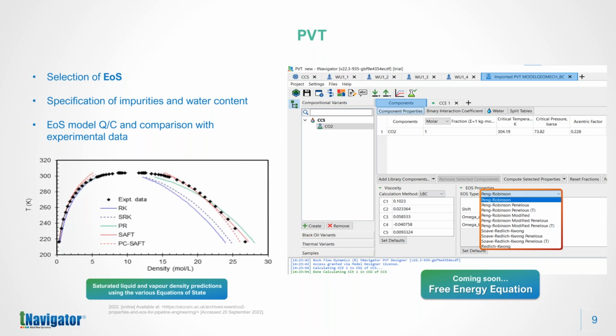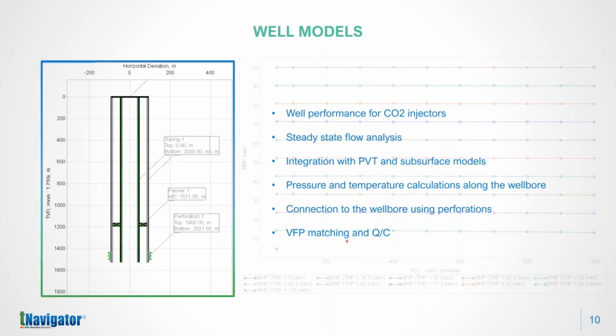And yeah, just going to the next step. We started to talk about the surface network and PVT, and we also need to understand CO2 performance along the wellbore, because we might have the biggest pressure drop and the biggest temperature drop along the wellbore.